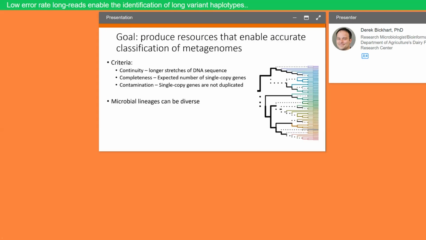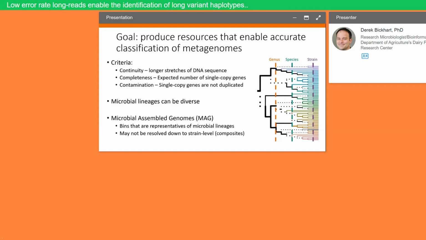But there's another caveat, and that is microbial lineages within the metagenome can be quite diverse, and we're not often able to resolve them down to every specific lineage. So if we take this dendrogram and we divide it up based on taxonomy, we typically divide it based on the percentage of sequence that's shared amongst lineages. And you can see that a genus, a species, and a strain are in decreasing order in terms of their resolution.